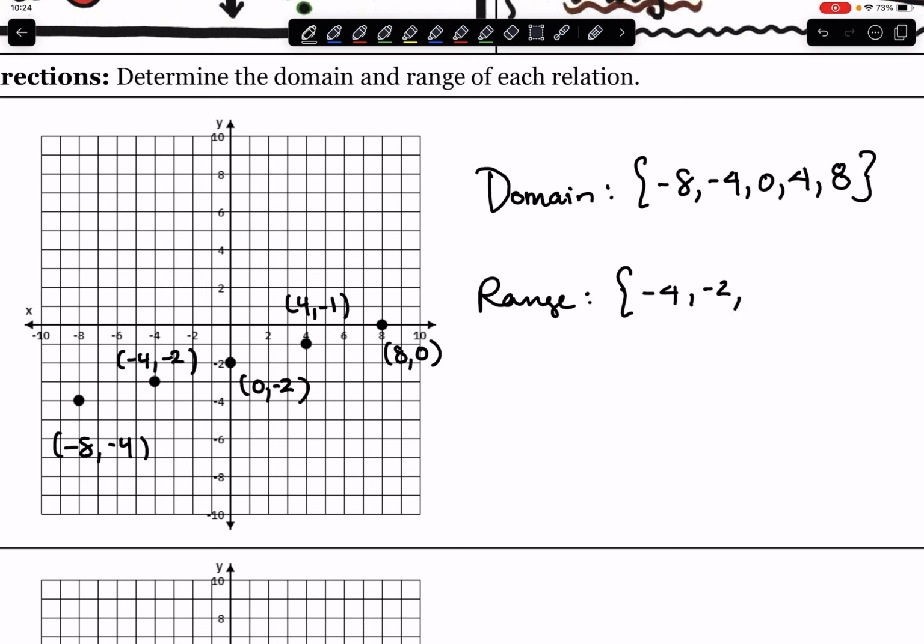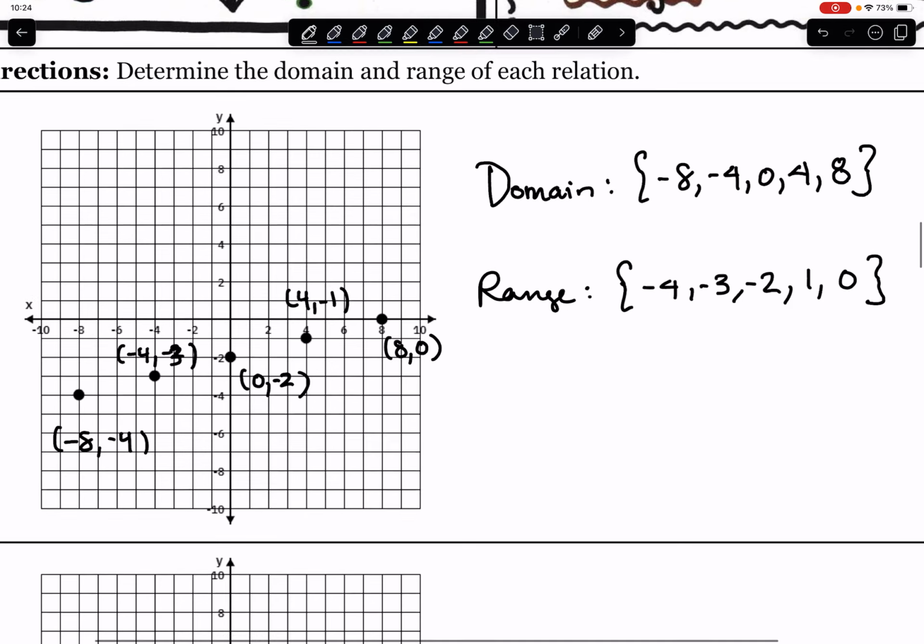I'm sorry, that's -3. This one right here is -3. -2, -1, and 0. So that's how you identify, again, the domain and the range for a relation of discrete data.